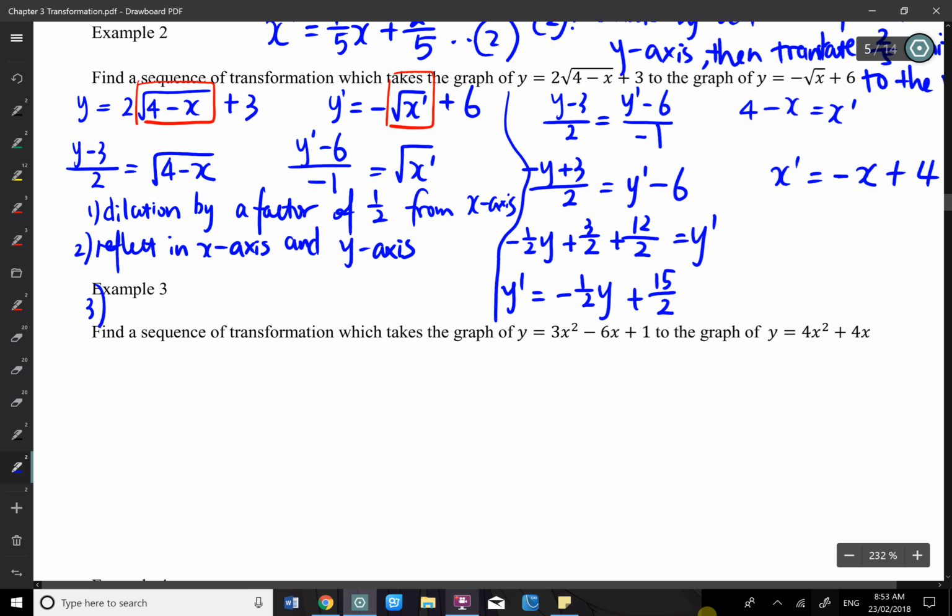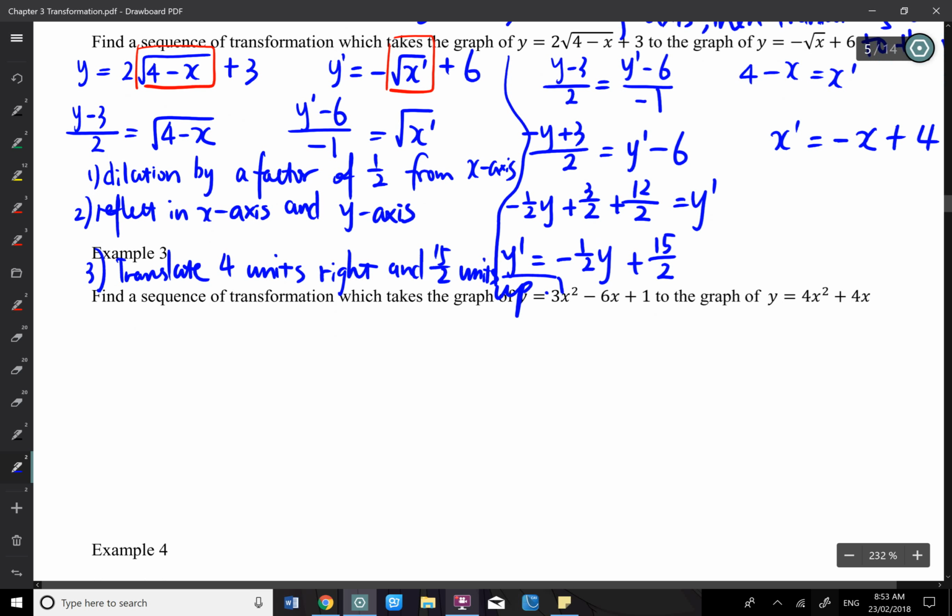And number 3 will be a translation. Translate 4 units to the right and 15/2 units up.